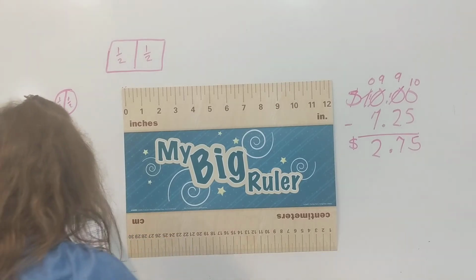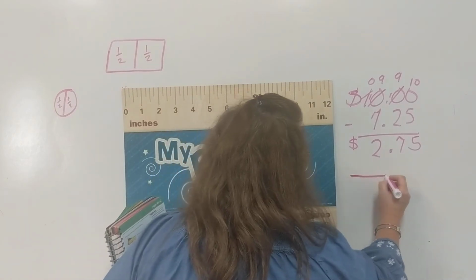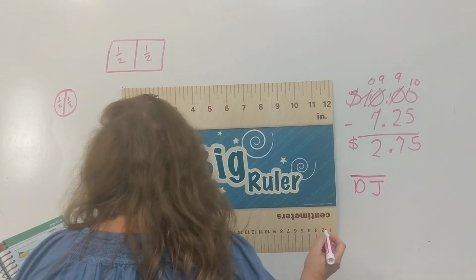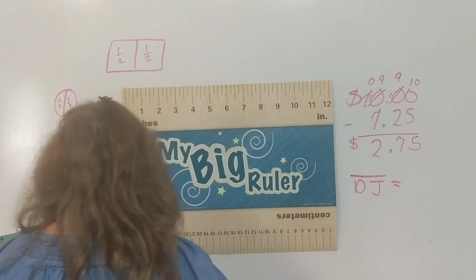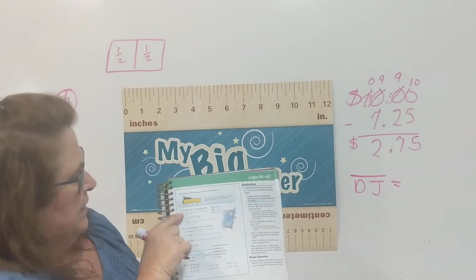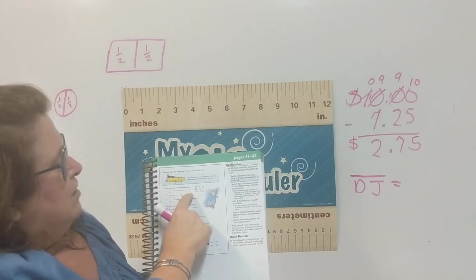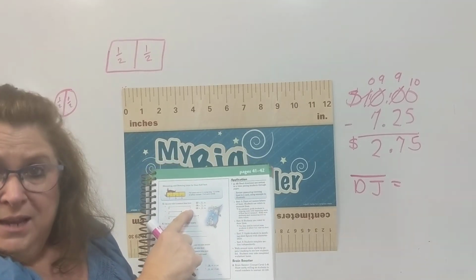So if you look to the side of your lines, you're going to see something that looks like this. And this line above the letters DJ, if you notice on your line, at the beginning of your line was the letter D, at the end of your line was the letter J. So that line's name is DJ, okay?